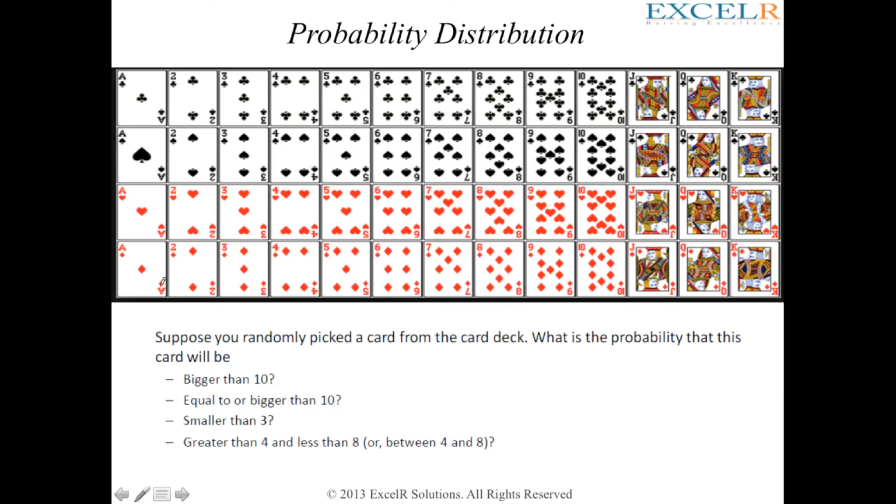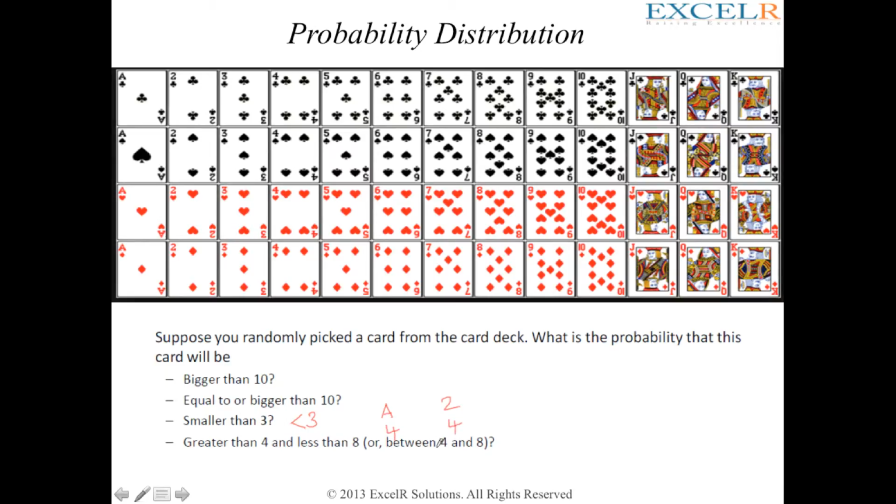Now, let me look into the probability that a card will be smaller than 3. So I'm speaking about less than 3. Less than 3, we have only two cards. We have A and we have 2. We have four variants of A and we have four variants of 2.